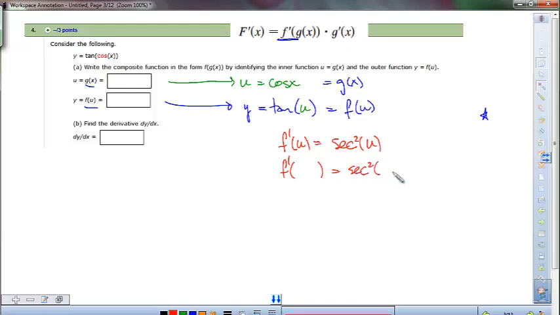Now, according to the formula, we want to replace u with g of x. And what's g of x equal to? G of x is equal to cosine x. So this is secant squared of cosine of x.